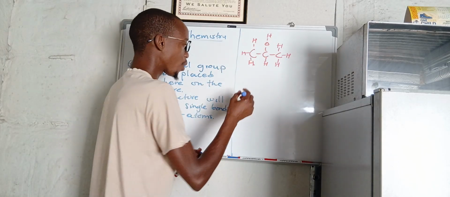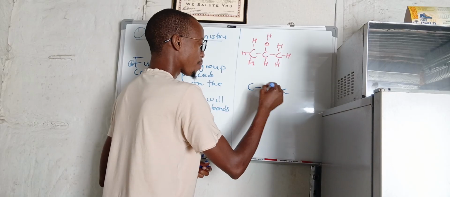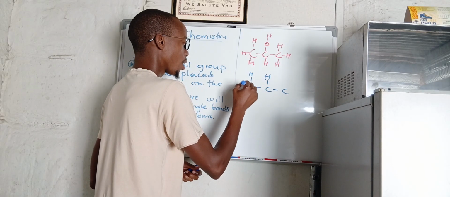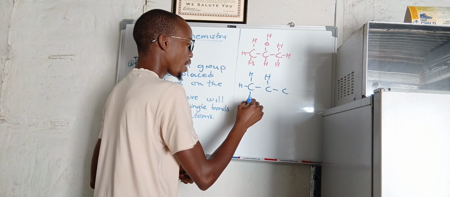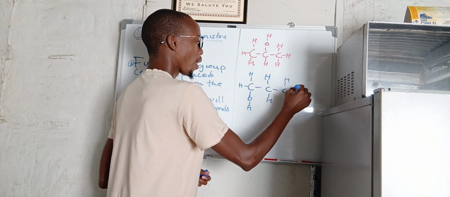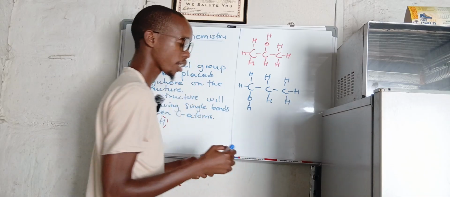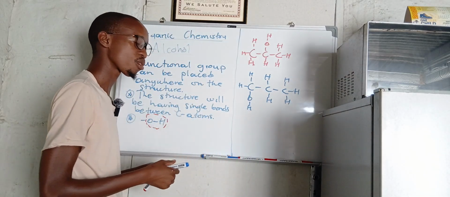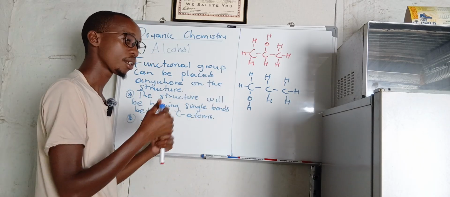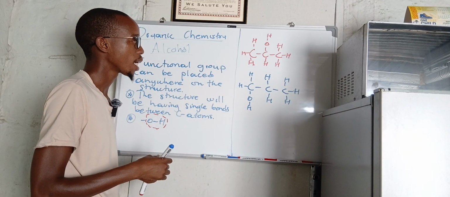When I place it on the first carbon, it means something. When I place it on a carbon that has other things on it, it will mean something else. Maybe the carbon bonded to the functional group is bonded to 3 other carbons, then that will be something else. Things will be clear as we proceed with this topic.